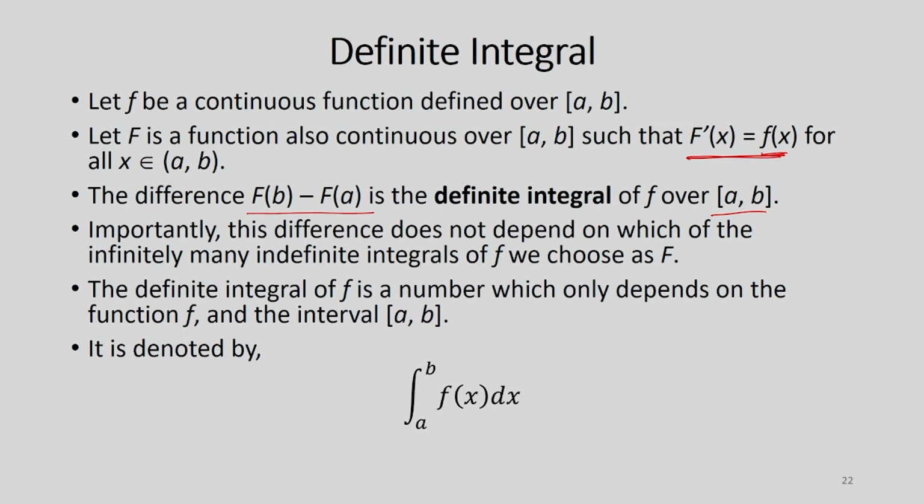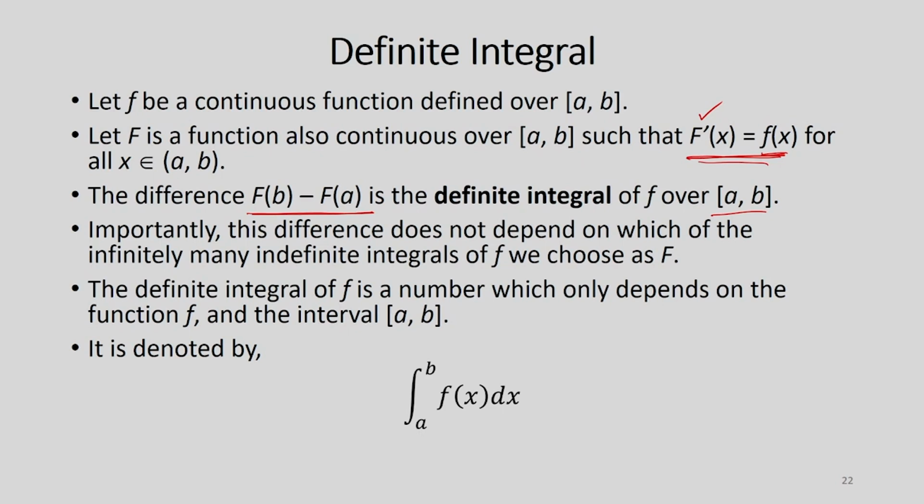So, depending on the value of C, you are going to get a host of functions which will satisfy this condition. But the interesting point of definite integrals is that it is immaterial which particular function that satisfies this you use, the value of the definite integral will remain the same.